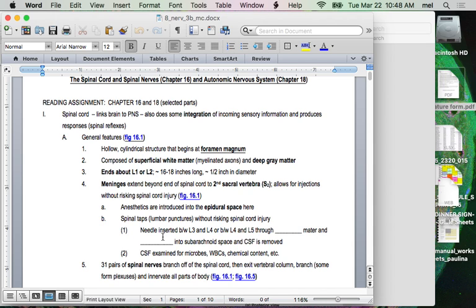So what can they tell us from cerebrospinal fluid? Well, you can examine the chemical content because we know what the chemical content of the cerebrospinal fluid should be, and assess whether the chemical content is off, and maybe that's what's causing your central nervous system symptoms. You can examine it for microbes, bacteria, viruses.